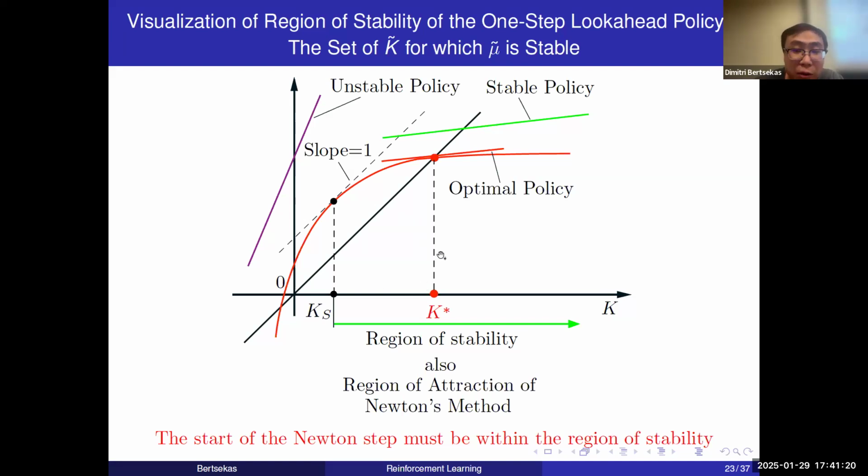Another characteristic that you notice here is that if we choose K tilde to be somewhere in this region from K S to K star, you draw the tangent line, and here the curvature is still a little bit larger in comparison with this part. This part is rather flat.